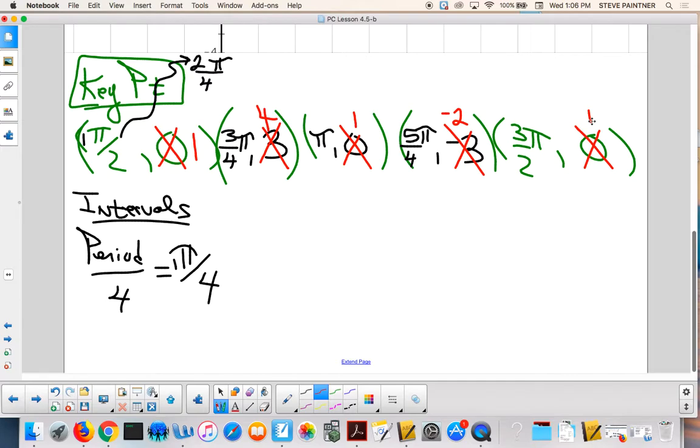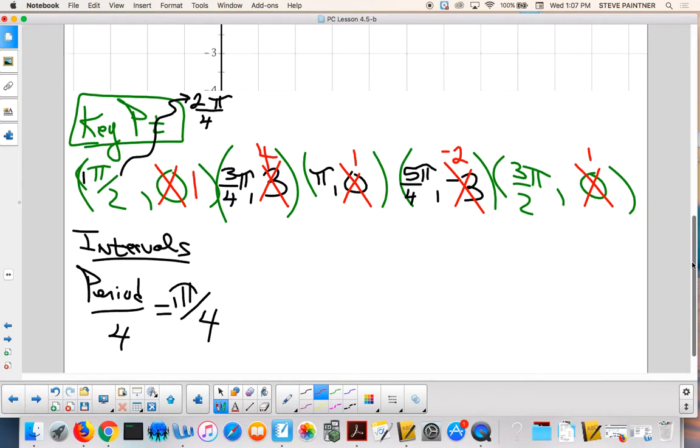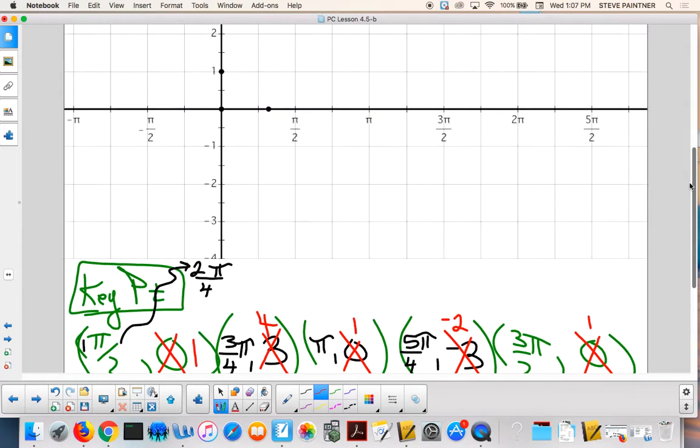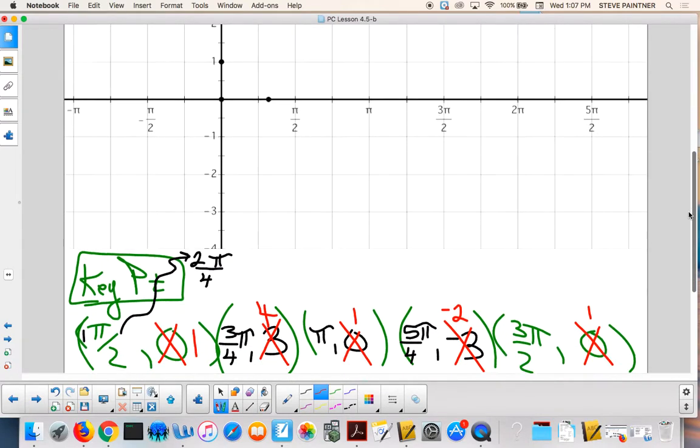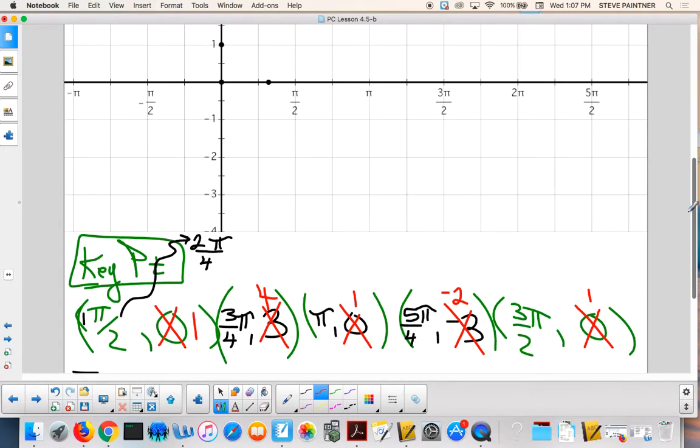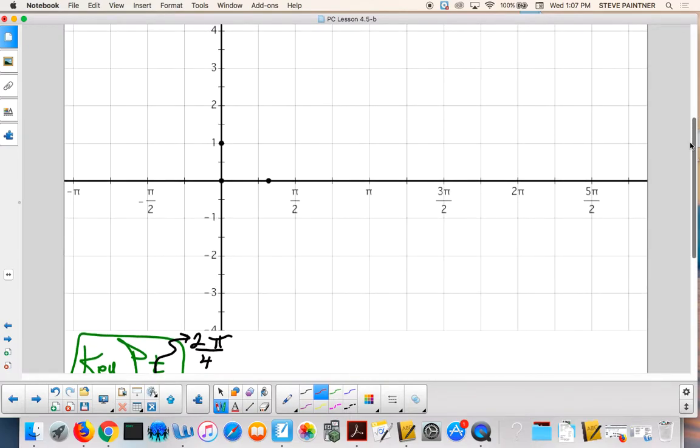Okay? You're starting at pi over 2. Oh, we're going to go high. Okay. So pi over 2, 1. This would be 3/4 pi. This would be 5/4 pi. And this would be 6/4. So the whole thing's going to happen here to here.